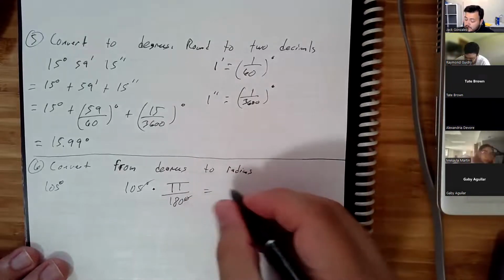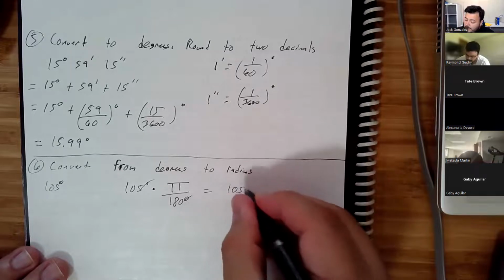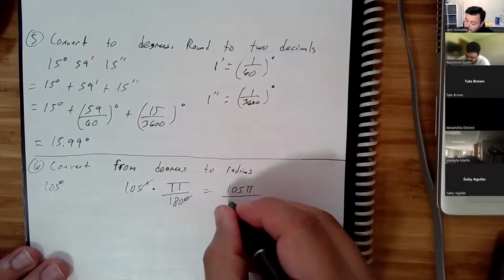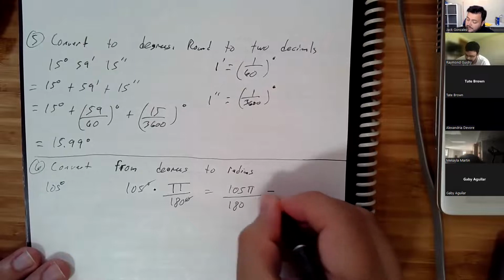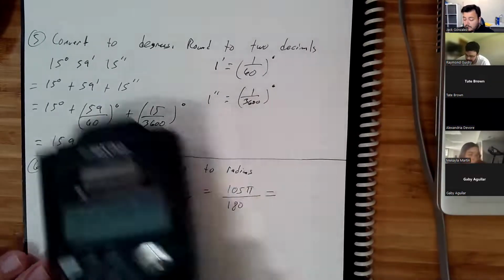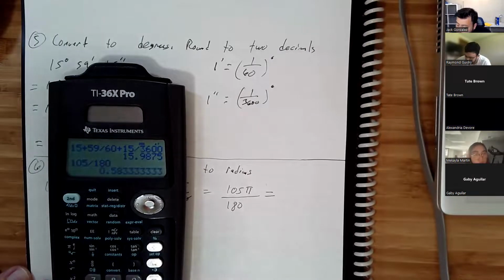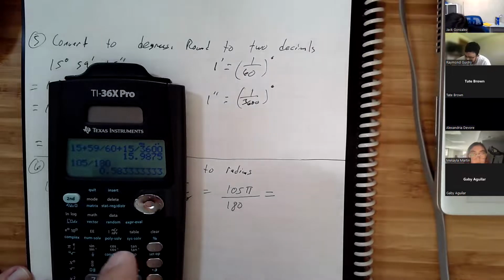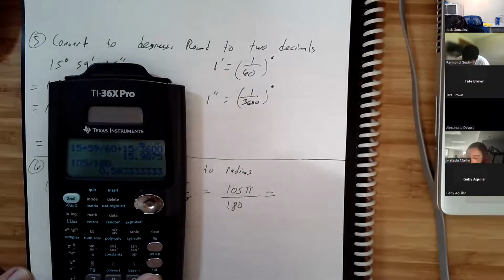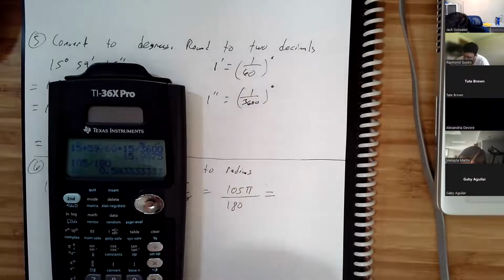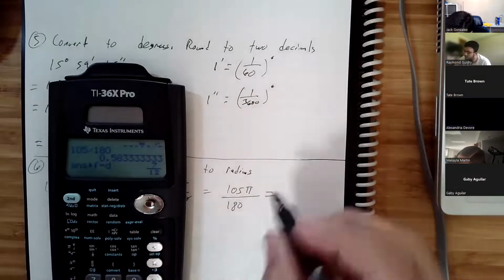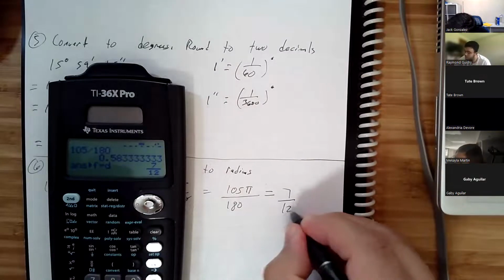So this becomes 105 pi over 180, reduce the fraction, and it's 7/12 pi.